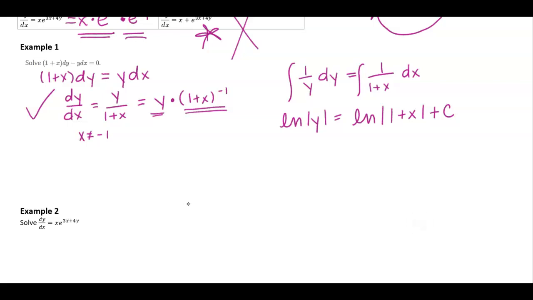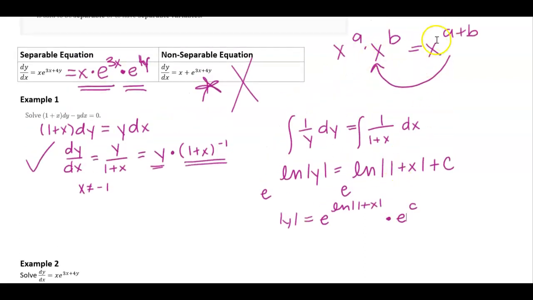I'm then going to take e to the function of both sides. When I do that, I get the absolute value of y equals e to the natural log of the right-hand side. But again, that's going to split up into e to the natural log of 1 plus x.